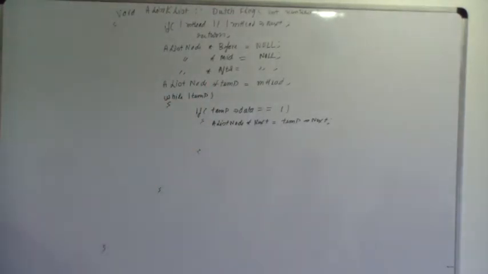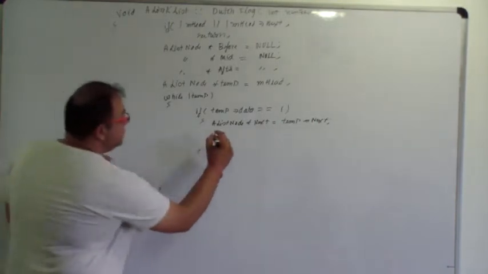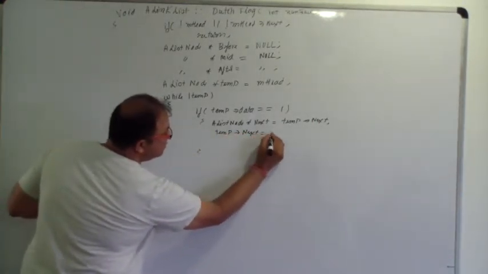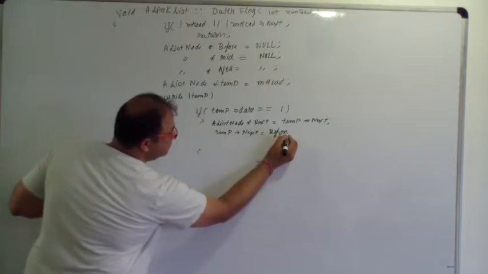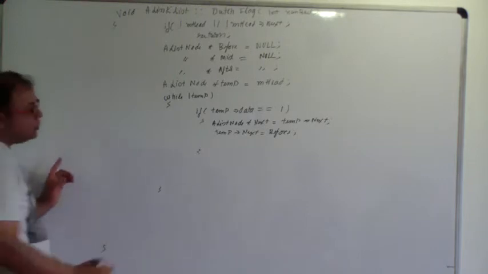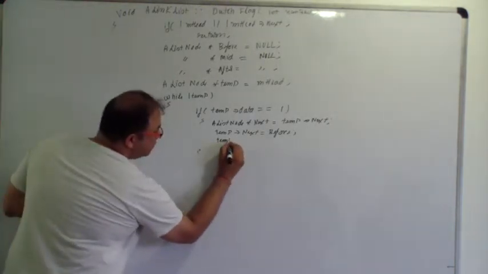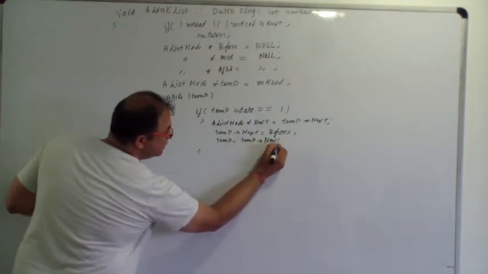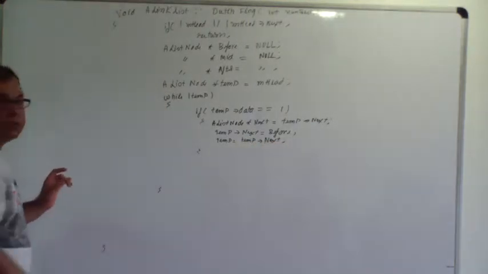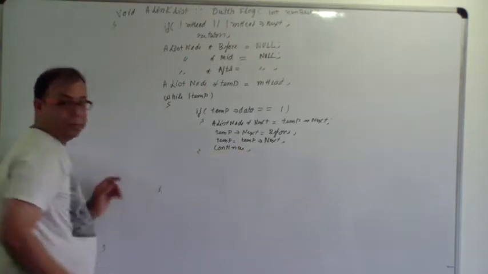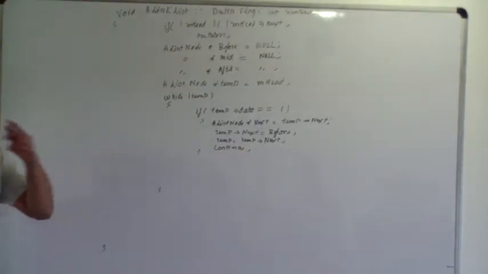Then we will say temp arrow next is equal to before, and we'll do temp is equal to next. And we'll do a continue over here, so it goes for the next one.